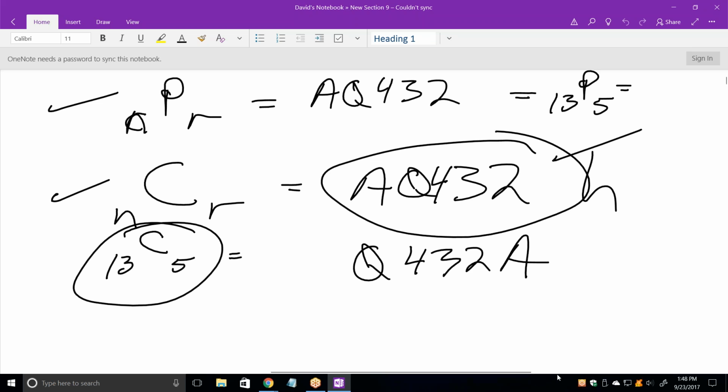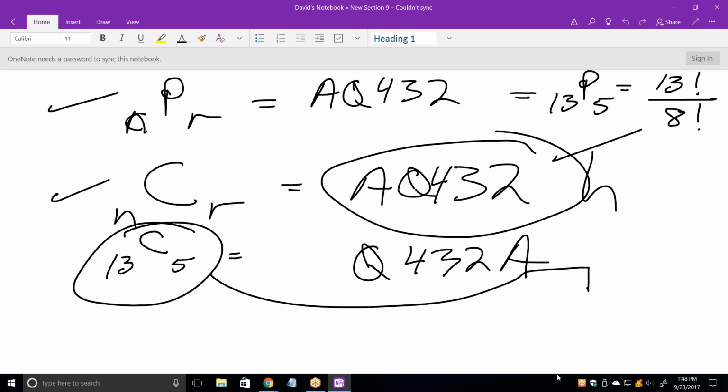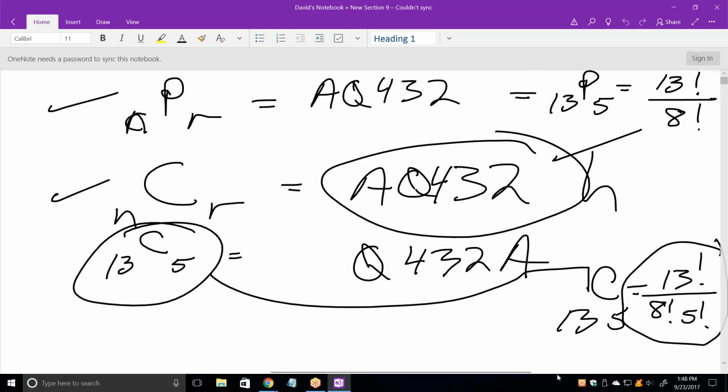And we've already seen that that's a much bigger number. That is that number. This one down here is 13 choose 5, which is 13 factorial over 8 factorial times 5 factorial. That clearly is a smaller number, as it should be.